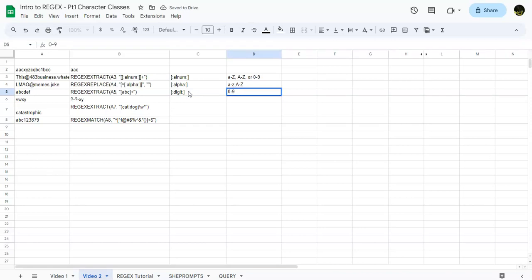So when you put in this particular notation, Google Sheets already knows what you're talking about. If you're doing alnum, you're going through lowercase a to z, and then capital A to Z, and then 0 to 9. It already knows that, and then it breaks it down into alphabet and digits.